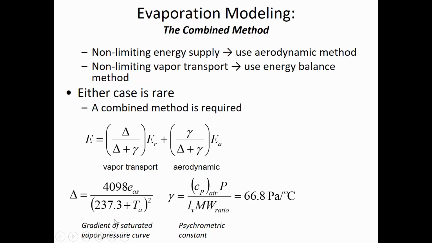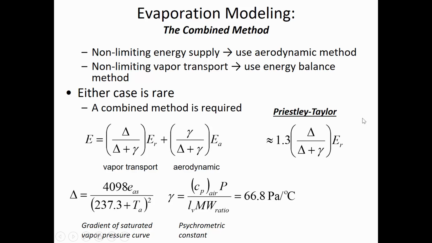Now the gradient of the saturated vapor pressure curve, though, is something that will vary based on the conditions of the temperature of the air and the E sub AS. And so this weighted average is one way of finding out which of the two, the energy or the aerodynamic method, is limiting.